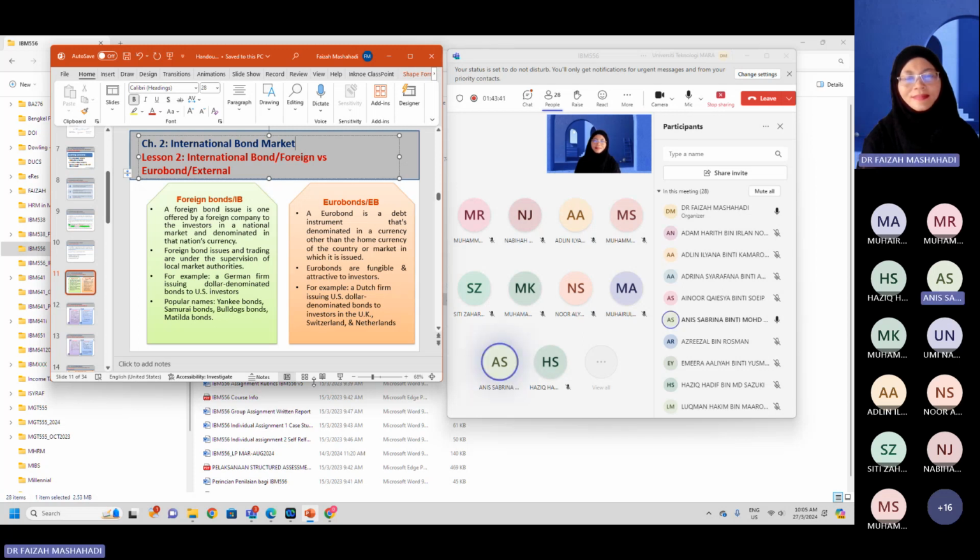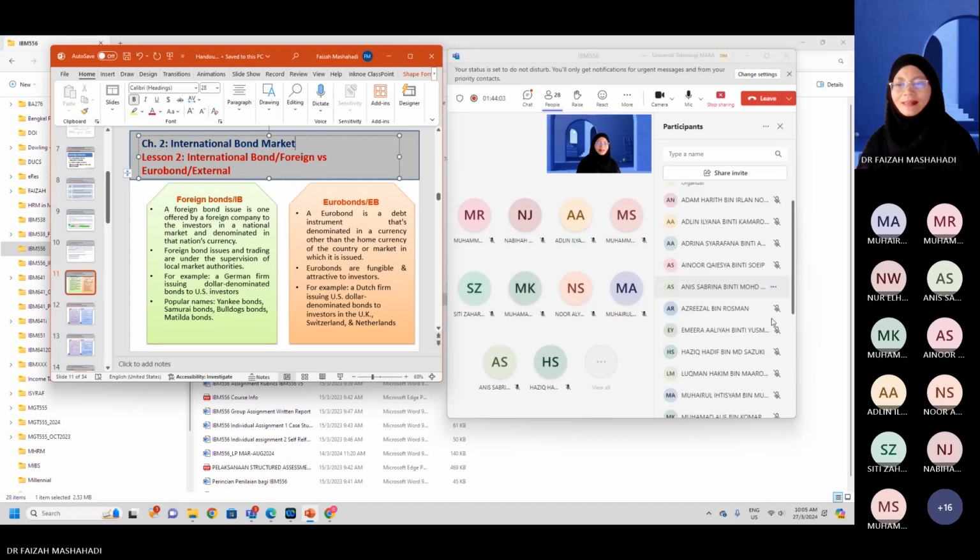Kalau Yankee bond, bond issued by foreign company in US, lepas tu dia denominated dalam US dollar. Okay, all right. Alhamdulillah. Thank you, Anis. That one is a Yankee bond.